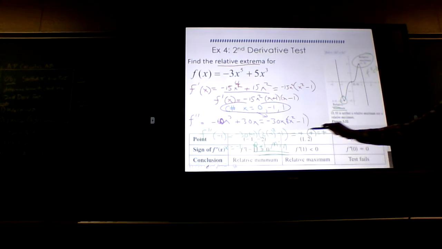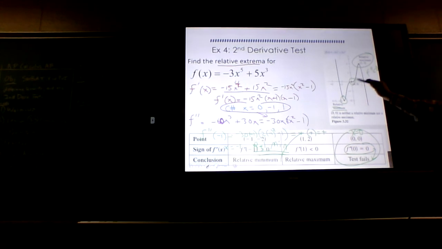Guess what happens when you plug 0 in? Look what it says. Guess what happens when you plug x equals 0 in? You get f double prime equals 0. What does that tell us? The test fails. By the way, is (0, 0) a relative min or a relative max? Neither. It went from increasing to increasing. So it is neither a min or a max.